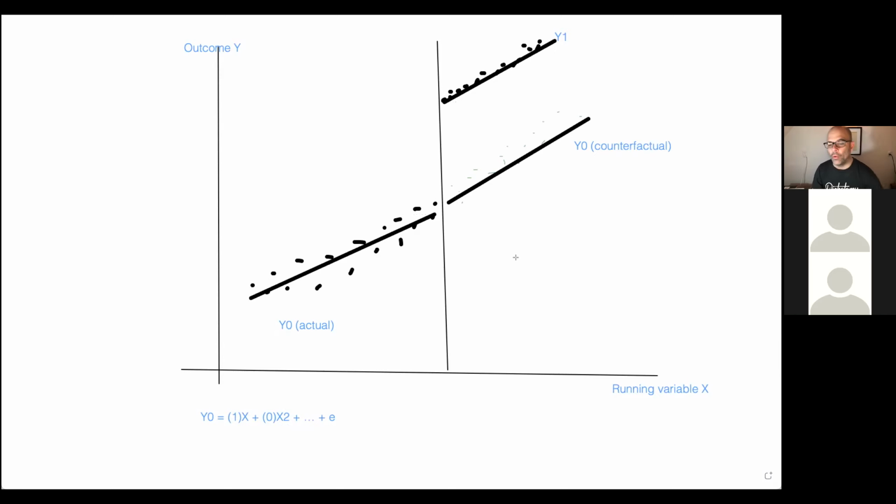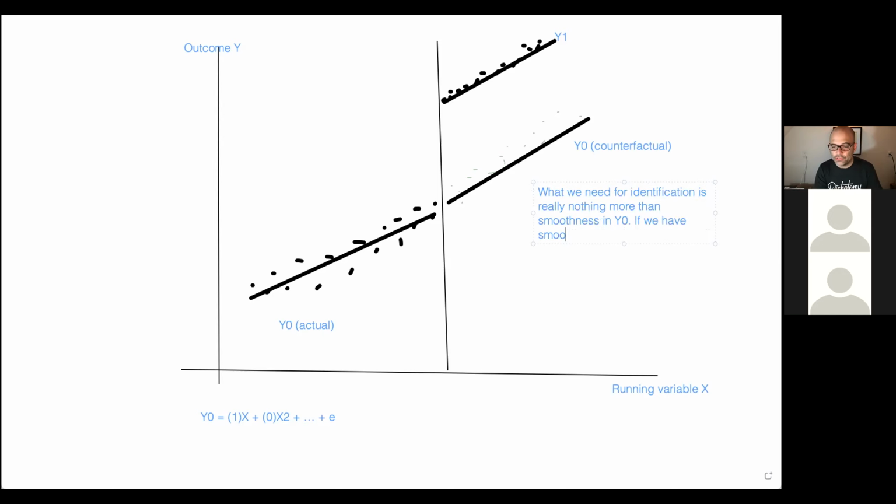So what we've got here is Y is a function of the running variable. What we need for identification is really nothing more than smoothness in Y0. That's all we need.